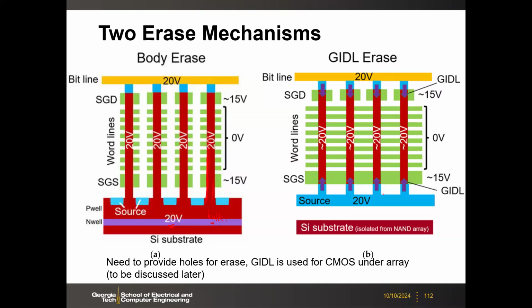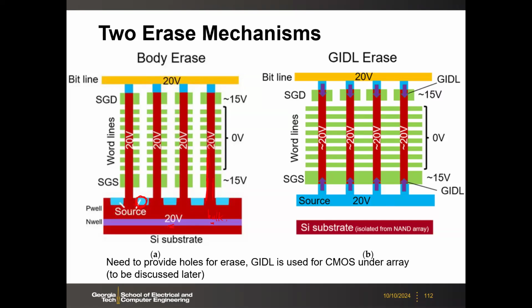But in many cases now, the source line, as I said, could be doped silicon, right? Doped silicon. So that's why you will have the body here.